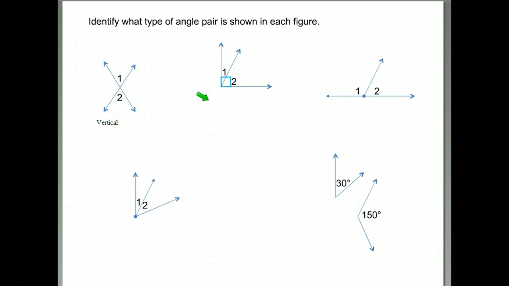So yes, complementary, which I have a habit of misspelling. And yes, they are also adjacent because they are touching one another. So perfect, well done. Those are complementary angles, also adjacent angles. Very good. Okay, what about this pair? What types of angles are they?